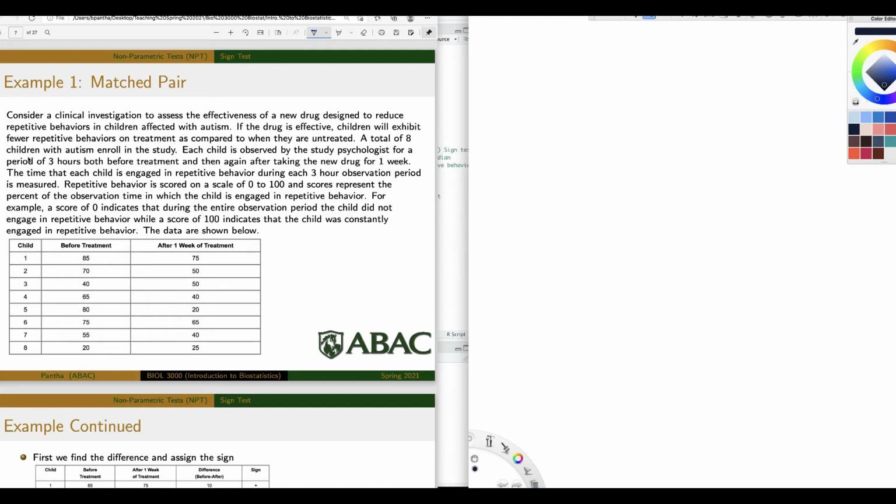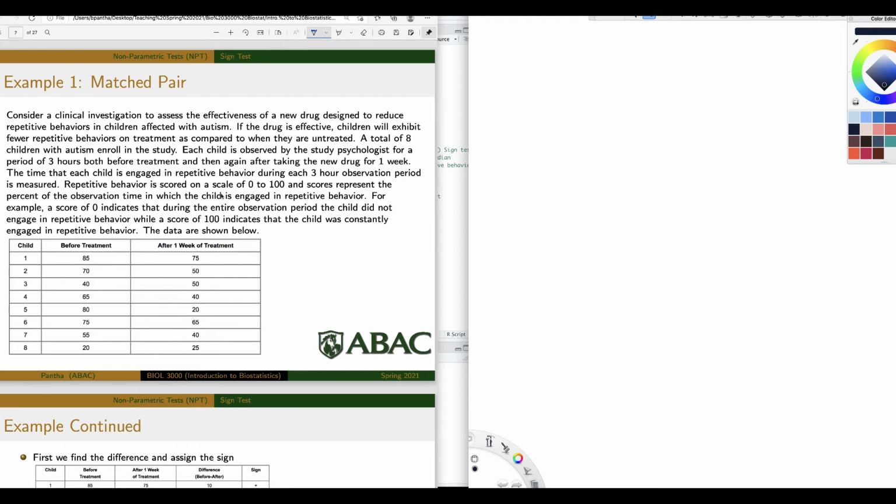A total of 8 children with autism enrolled in the study. Each child is observed by the study psychologist for a period of 3 hours, both before treatment and then again after taking the new drug for 1 week. The time that each child is engaged in repetitive behavior during each 3-hour observation period is measured.